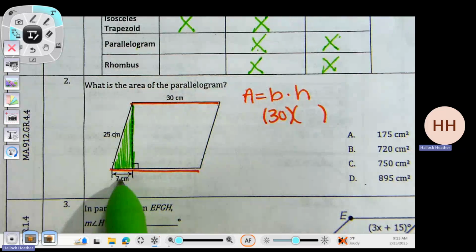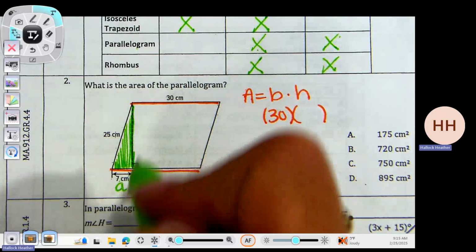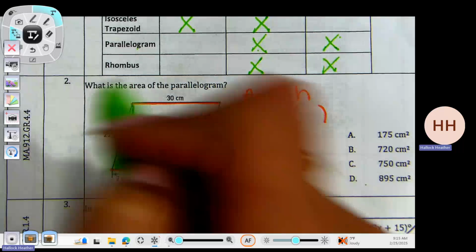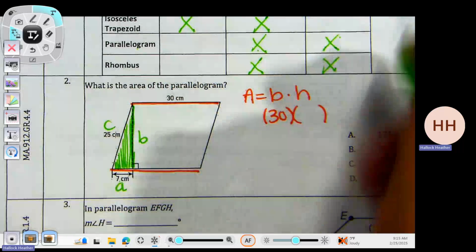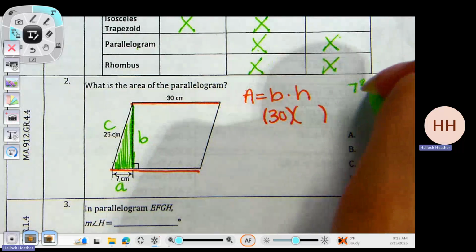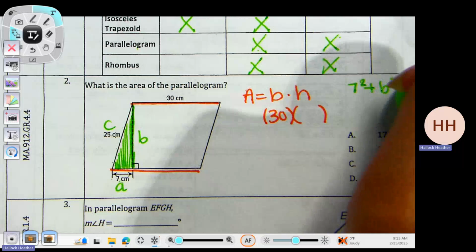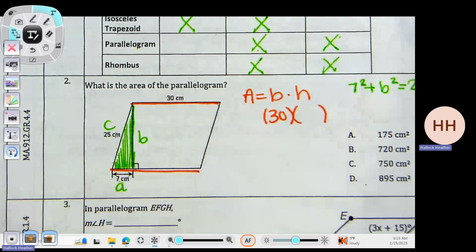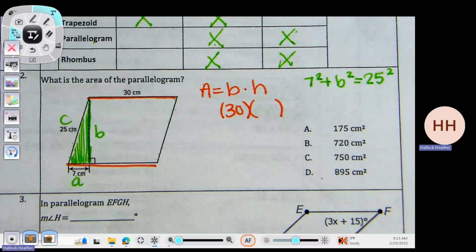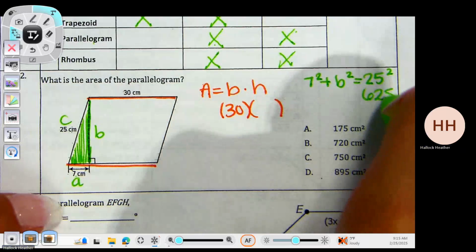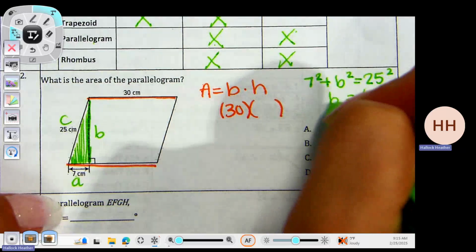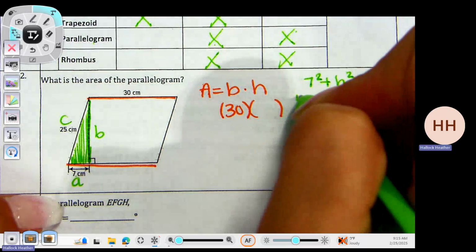I have 7, which is going to be A. I'm trying to find B, which is the height, C, the diagonal. So off to the side, you're doing 7 to the power of 2 plus B to the power of 2 equals 25 to the power of 2. 25 squared is 625. 7 squared is 49.